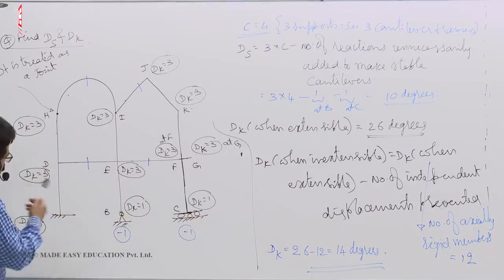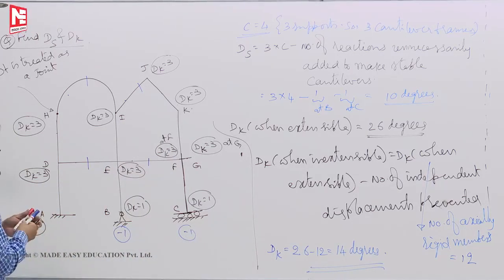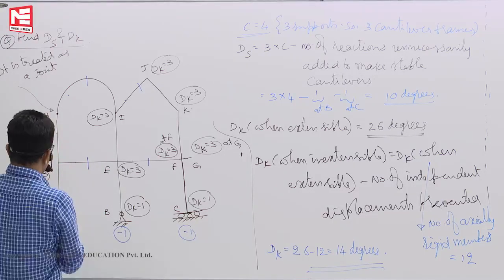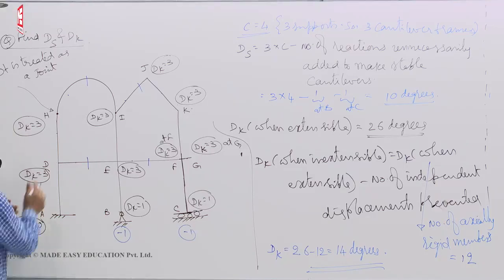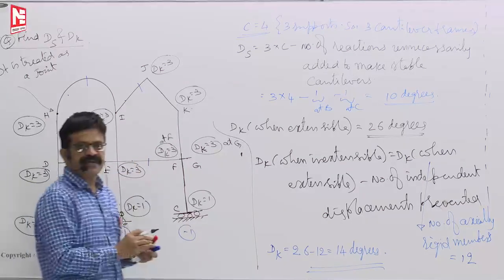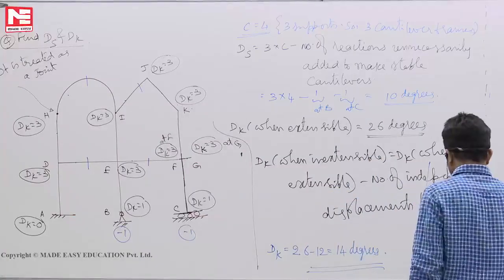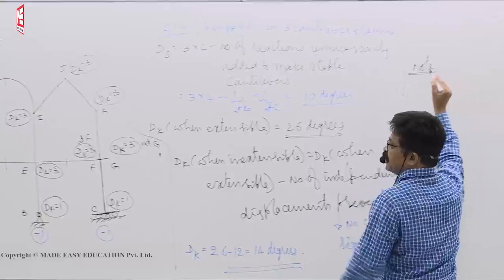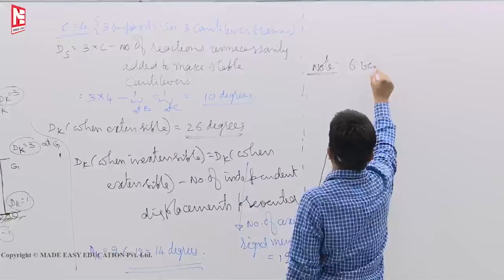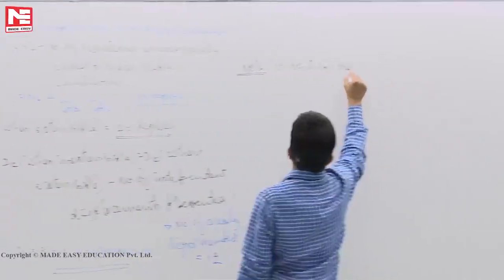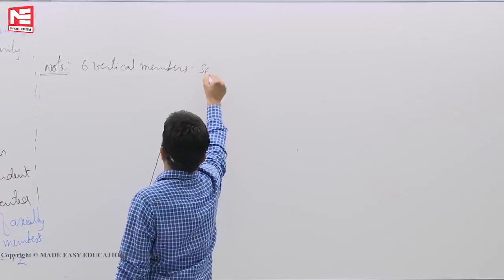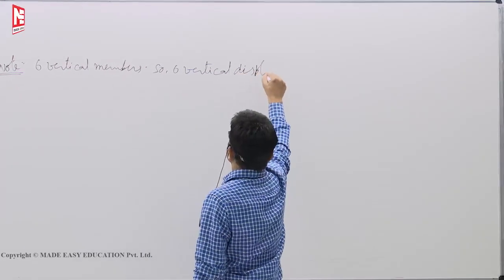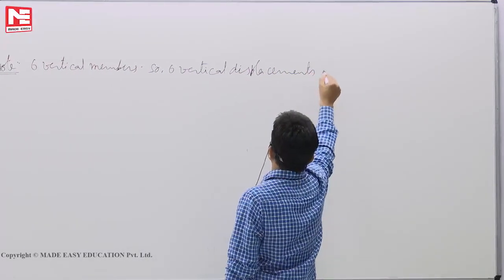Now if you want to see what those 14 degrees are, or what the 12 you have removed are, see here. In this case, 6 vertical members are there. We want to know now what those 12 are. 6 vertical members, so 6 vertical displacements are 0.